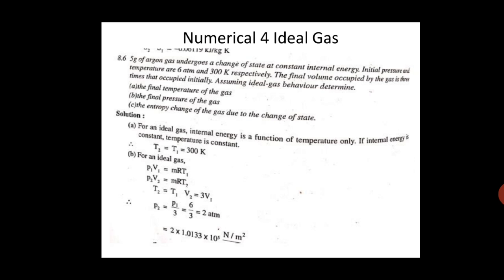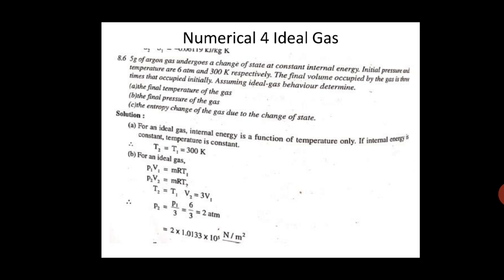Therefore, substituting these values in these two relationships, because the mass of the argon gas is fixed and not changed, and R also has not changed, we are not even calculating R, because R is the same in both relationships. T2 is also the same as T1. The right hand side of the equation is the same, for the initial condition MRT1 and for the final condition MRT2.